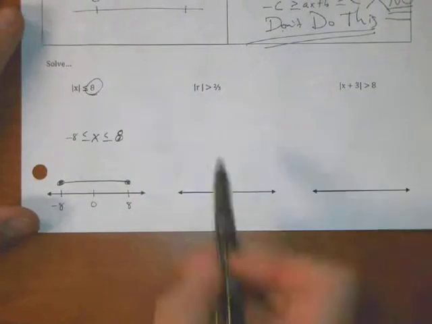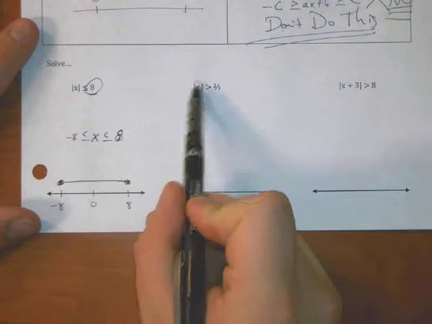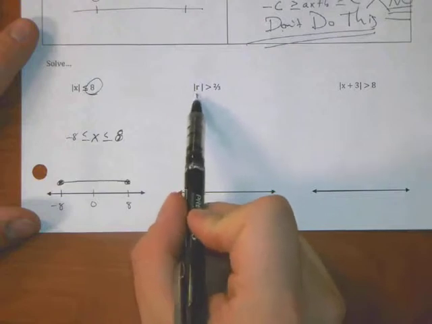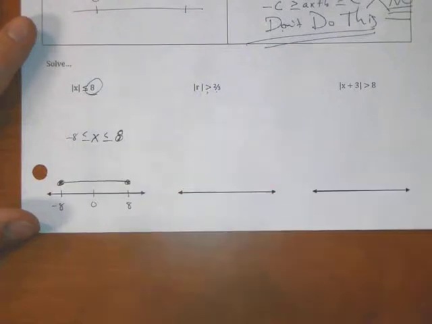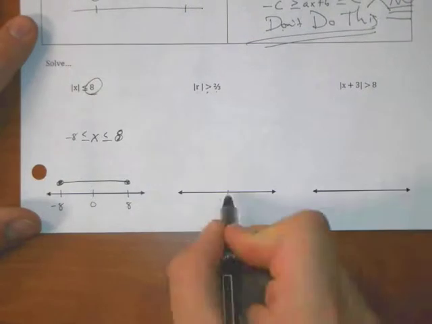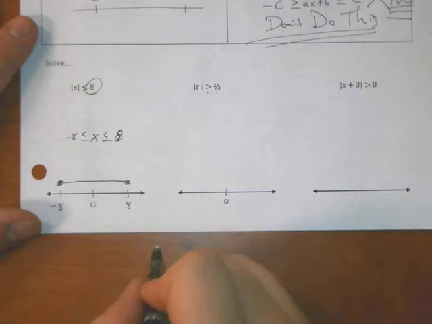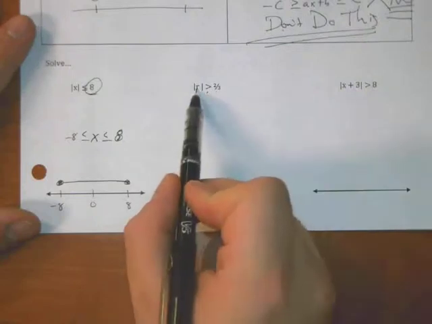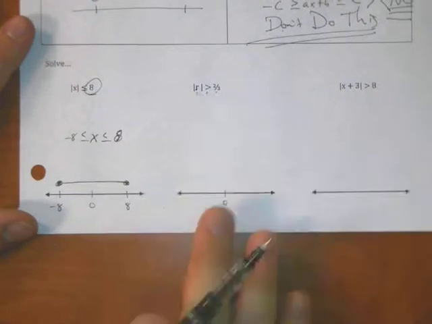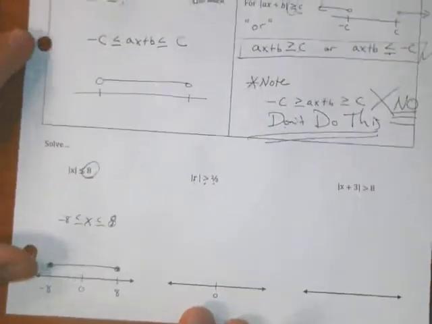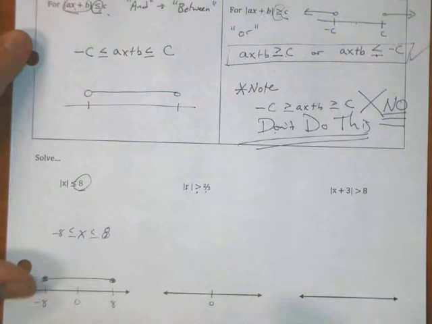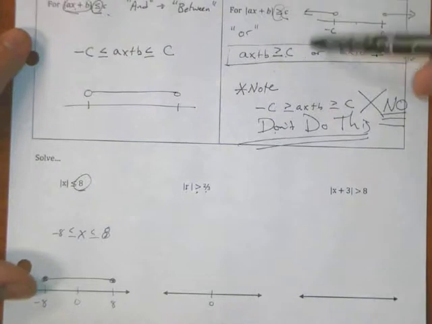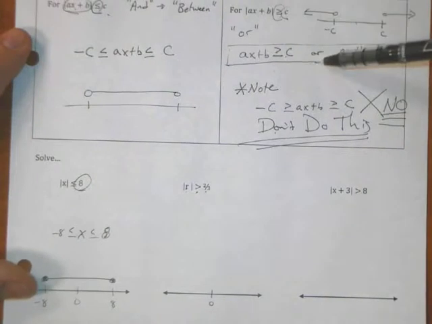Okay. How about this thing? The distance from 0 of r is bigger than 2/3. Okay. So the distance from 0 of r is bigger than 2/3. If we follow our little procedure from up here, bigger than is an or inequality.